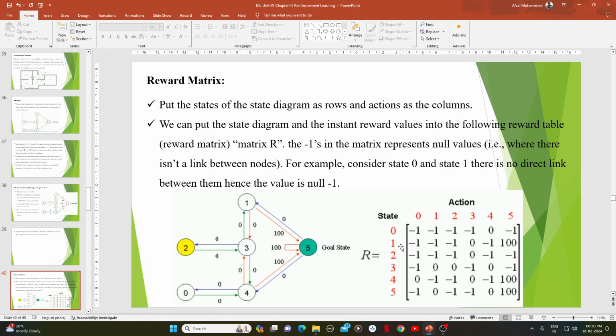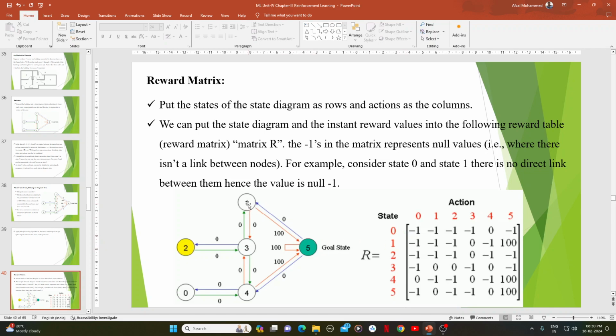Whenever there is a direct transition possible between any two particular states, we have given the reward value, whether it is 0 or 100. And if a direct transition is not possible, we simply made it -1. See, from room 1 reaching the outside is possible.